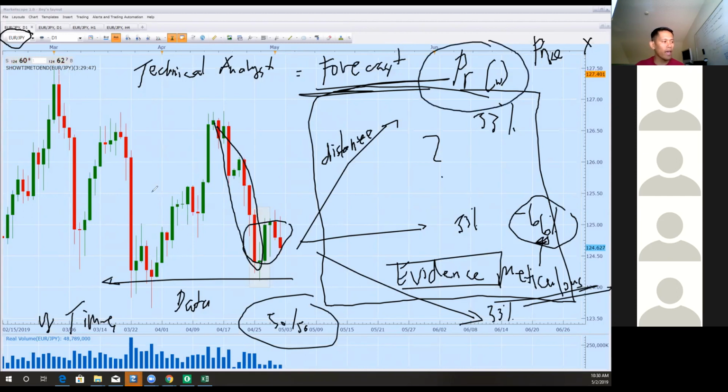Once you have all the tools, it becomes easier to measure your probability. Measuring one's probability is very subjective unless it's in a group setting where everybody creates a probability and you take the average. So that becomes more objective.